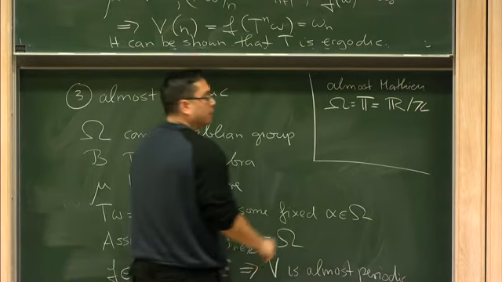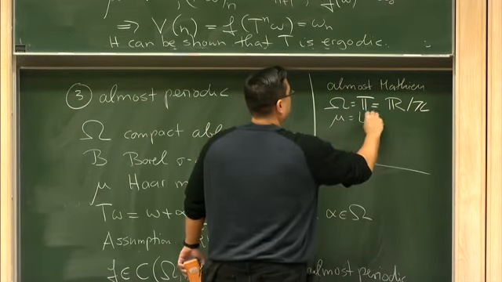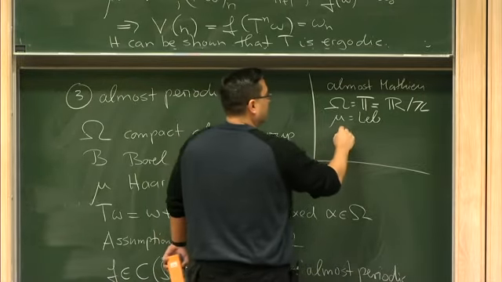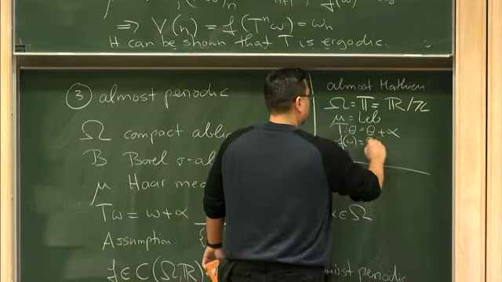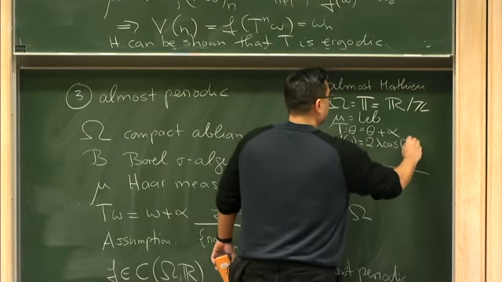Mu is Lebesgue measure, again Borel, and T. Actually, I called it theta there, so let's call it theta. So my point on the circle is denoted by theta, and I just add an irrational alpha, and F was just 2 lambda cosine 2 pi theta.